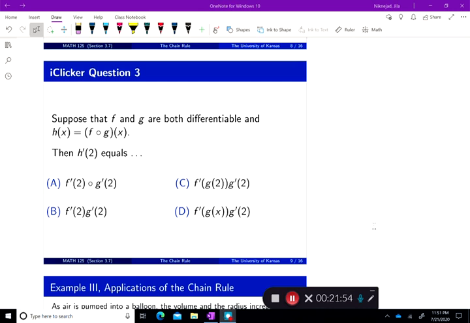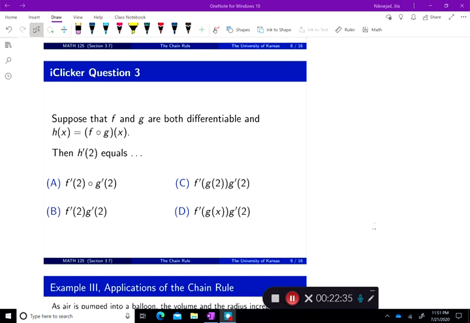Then h prime of 2 equals to which, and the answers are A, f prime of 2 times g prime of 2, B, f prime of 2 times g prime of 2, C, f prime of g of 2 times g prime of 2, and then the last one, D, is f prime of g of x times g prime of 2.